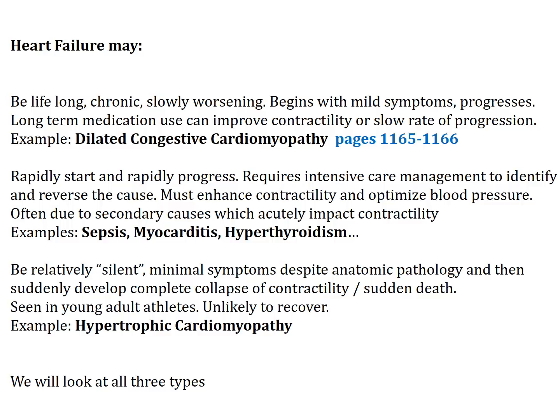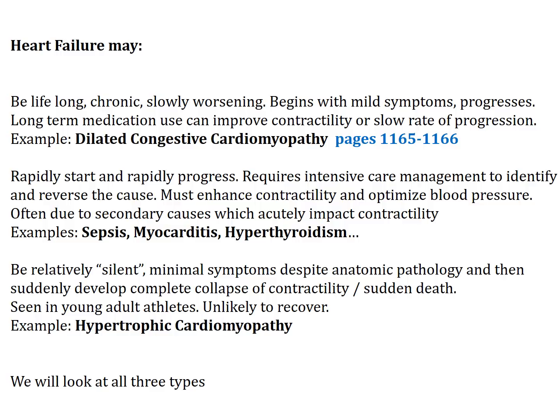So heart failure can be long, chronic, slowly worsening, begins with mild symptoms that progresses. Good example of that would be dilated congestive cardiomyopathy, the most common cause of heart failure in the US. Sometimes heart failure can start rapidly and progress rapidly. You need extreme measures to then optimize cardiac contractility. Typically what we see in individuals who become septic, develop myocarditis, develop profound hyperthyroidism.